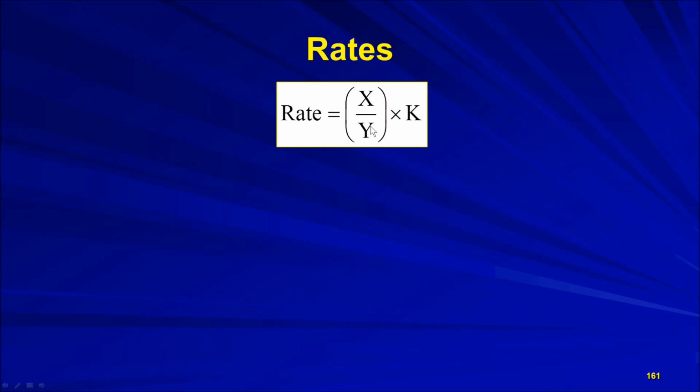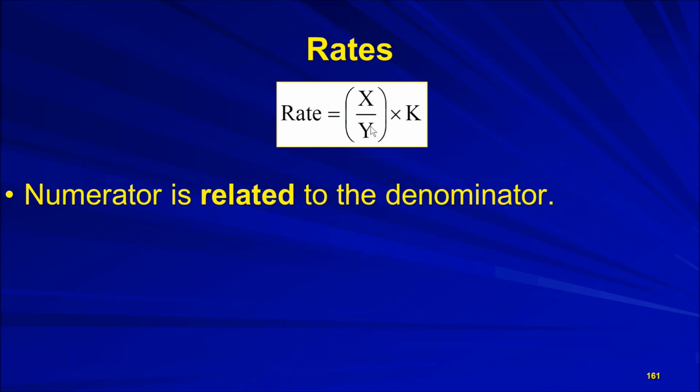Okay? Next, we know that the numerator is related to the denominator. In other words, some of the cases in the numerator are also in the denominator. We don't know who they are, but they're covered in both the numerator and the denominator. So usually rates are called crude because we can't separate out who's in the numerator from who's in the denominator, and we use both to make the calculation.